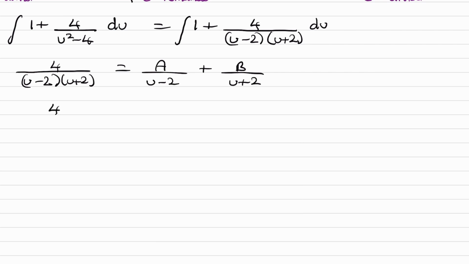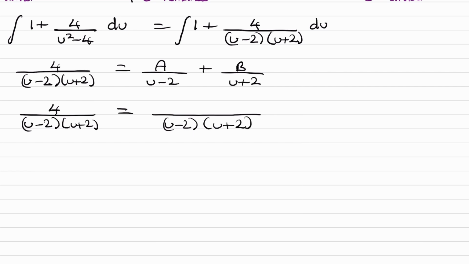Make a common denominator, so the left-hand side stays as is. The common denominator in this case would be (u minus 2)(u plus 2). To get this to be the same as our denominator, we have to times the top and bottom of this fraction by u plus 2, so it'll be A times (u plus 2). For this fraction here, we have to times the top and bottom by u minus 2 to get that common denominator.